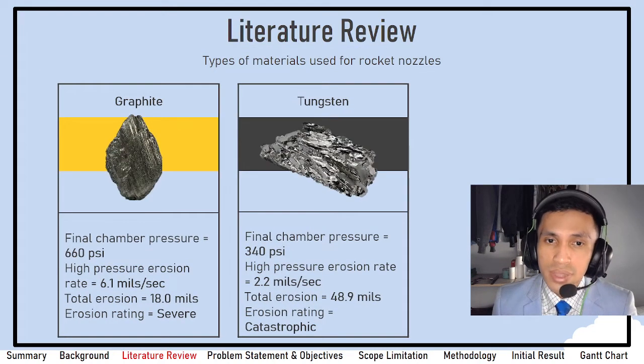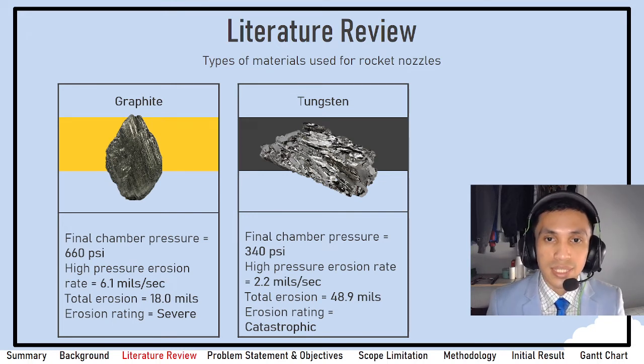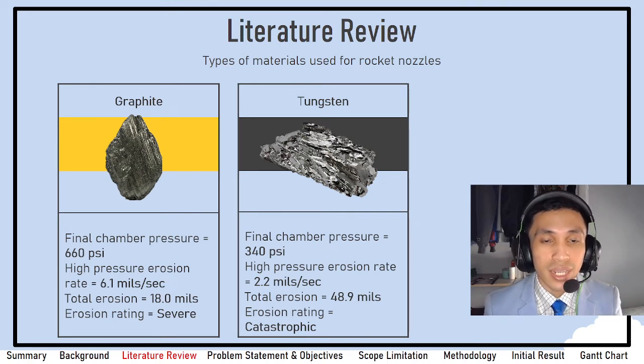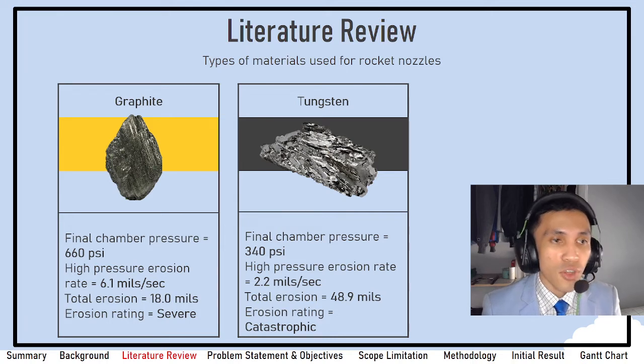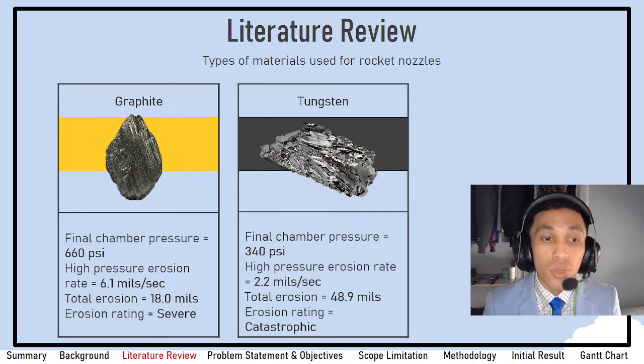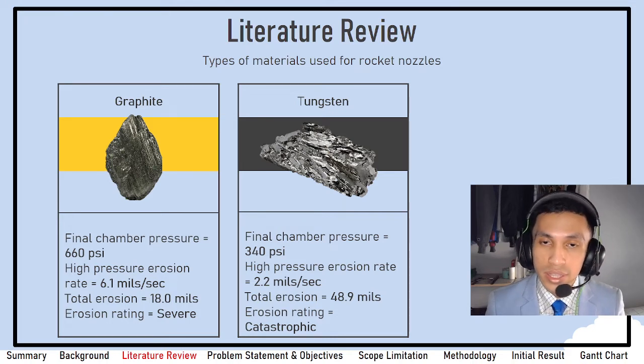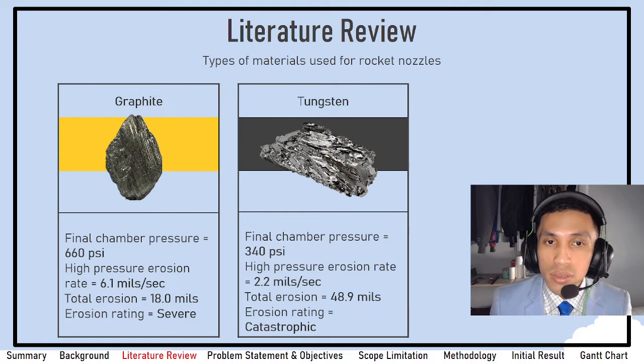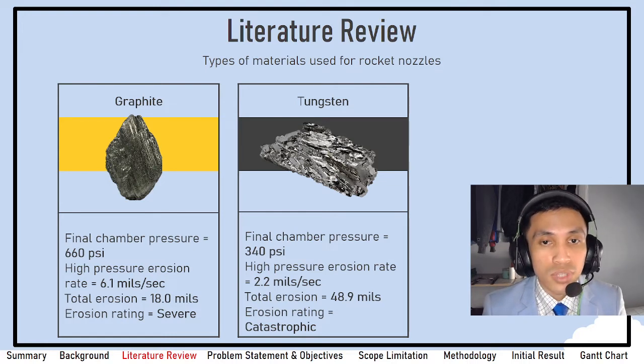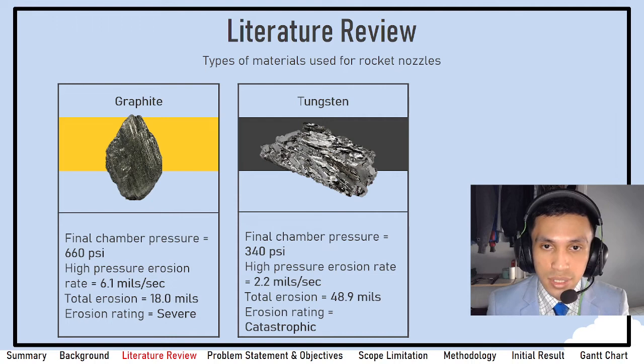Commonly used materials for rocket nozzles range from graphite, tungsten, aluminum alloys, and many other combinations of materials that can withstand such high temperatures. I only took two examples of materials, which are graphite and tungsten.